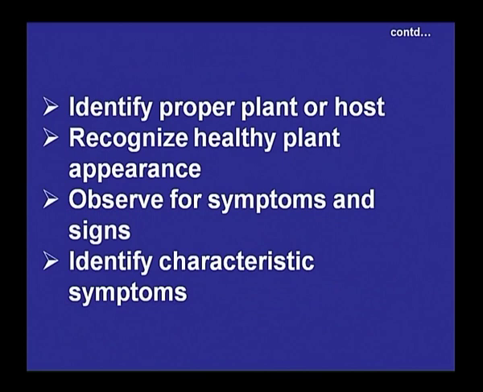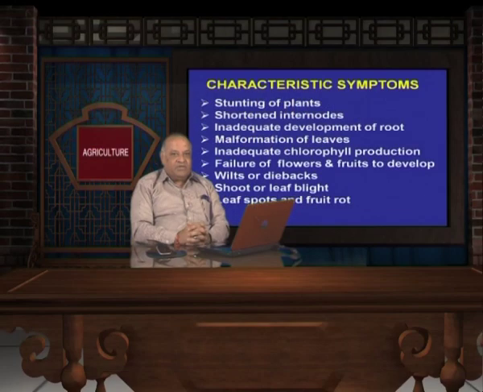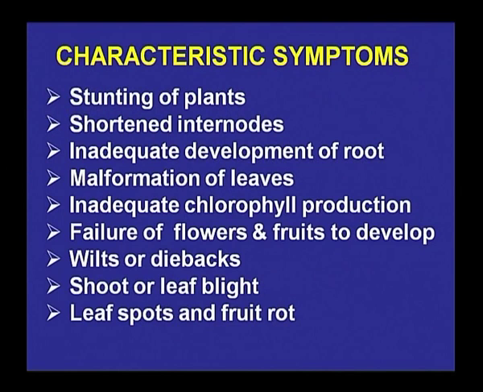Then we observe the symptoms and signs on the body of the plant. Symptoms are very important for finding out the causal organism affecting the plant health. These are the characteristic symptoms.